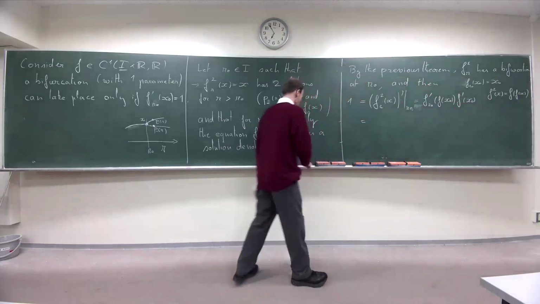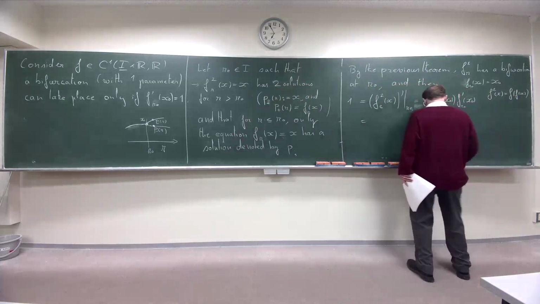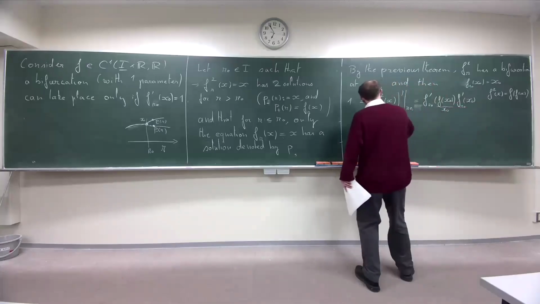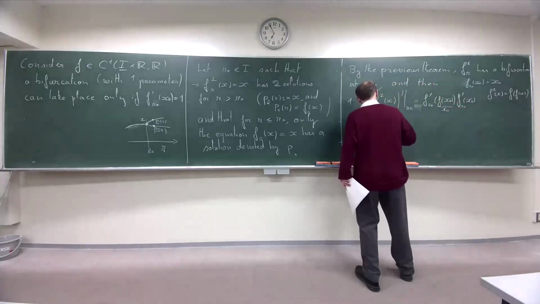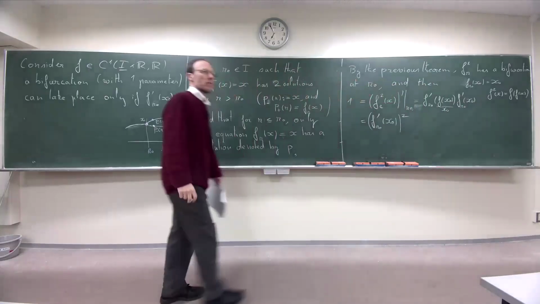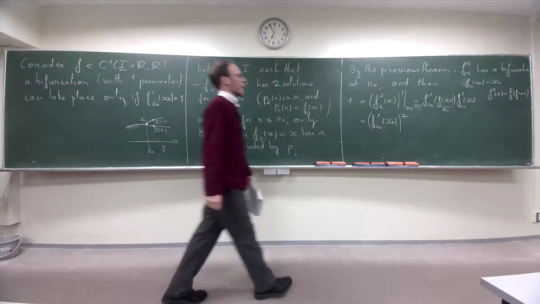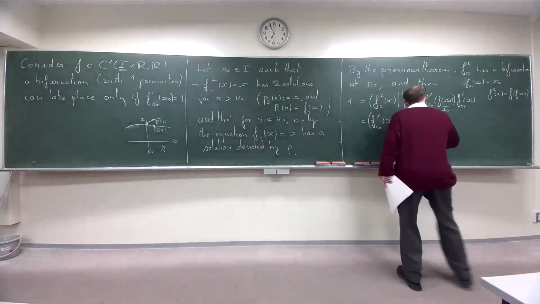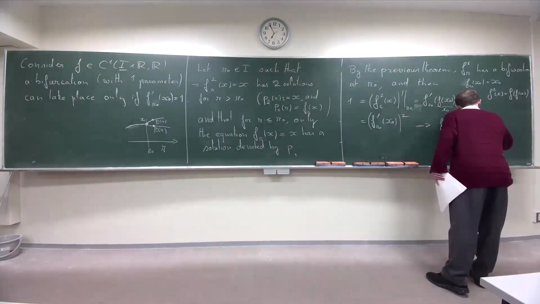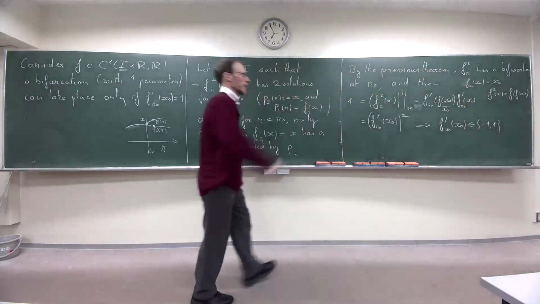This is the derivative of a composition, but this one, by definition, is x0. So we obtain f R0 prime at x0 squared. You have 2 times the same thing. So it implies that this f prime R0 at x0 is minus 1 or 1, because the square is 1.